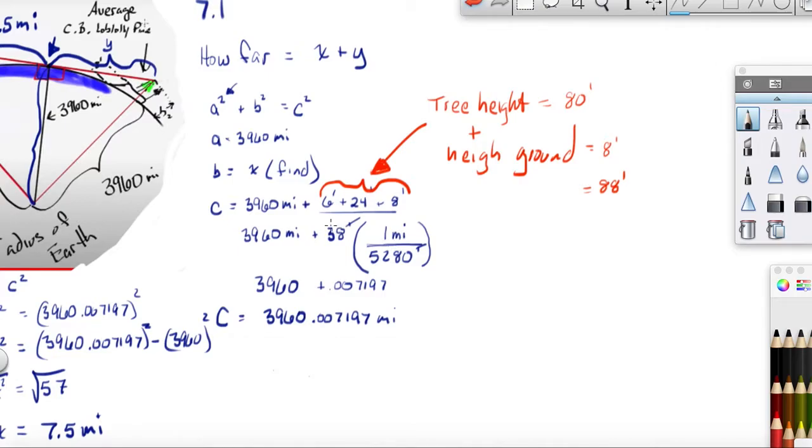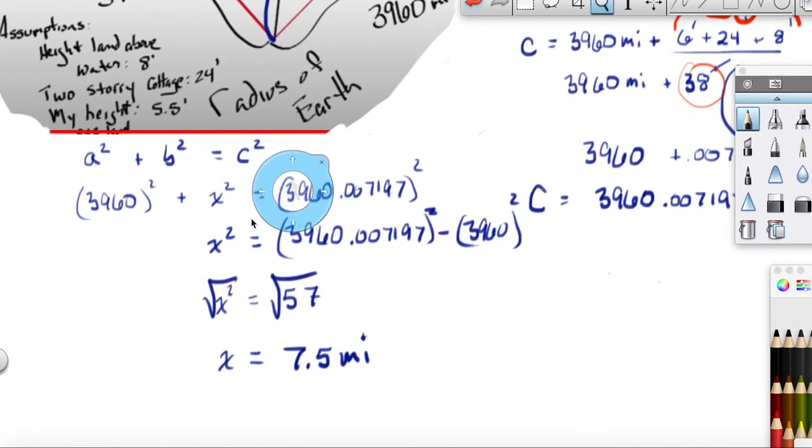You're going to put 88 feet in here instead of the 38, and you still do all the conversions, and you're going to put it in the same equation here. And you're going to get another number. Y is going to be bigger than the 7.5.